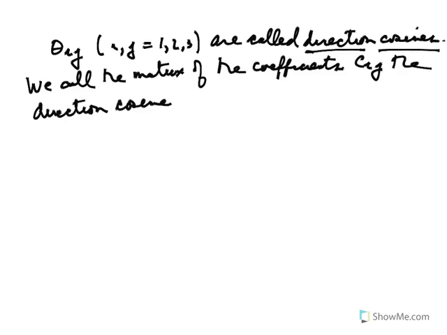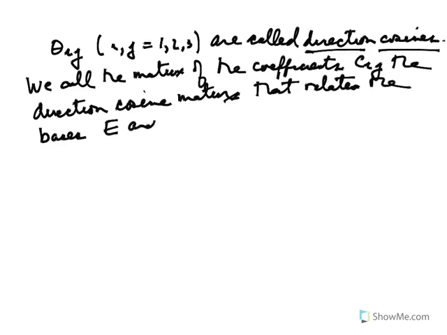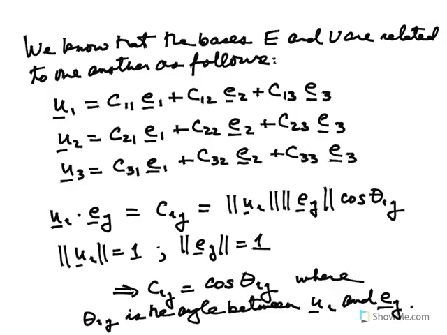So this becomes the direction cosine matrix, and that relates the bases E and U in the manner shown earlier.